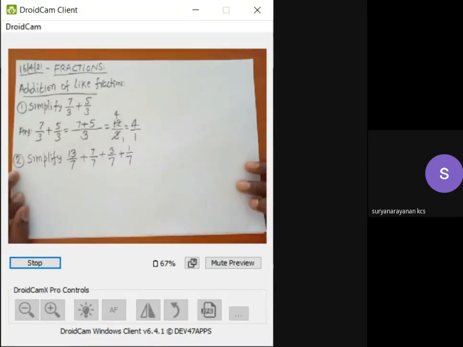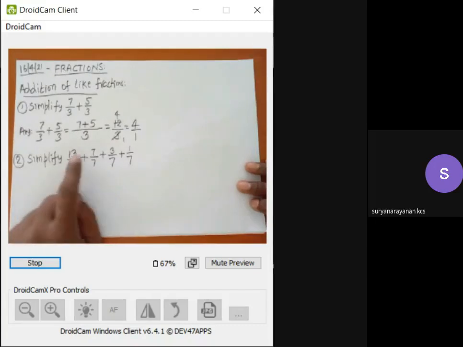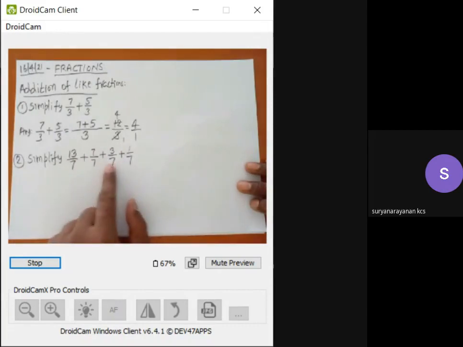Simplify 13 by 7 plus 7 by 7 plus 3 by 7 plus 1 by 7. I have taken here 4 like fractions. Yes or no? If you observe all these fractions, denominators are same. Yes or no, my children? Yes, sir.